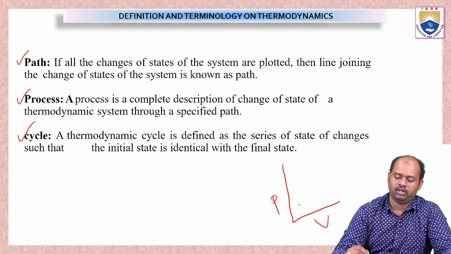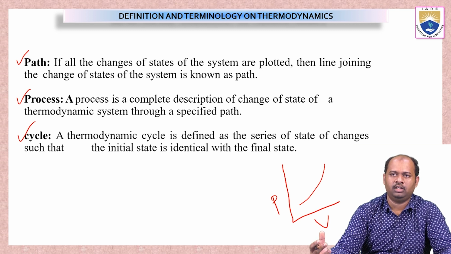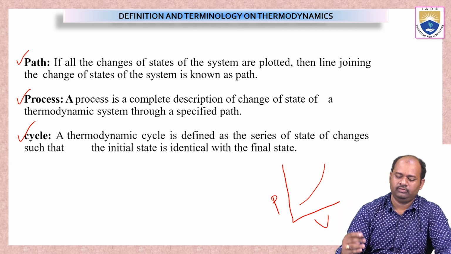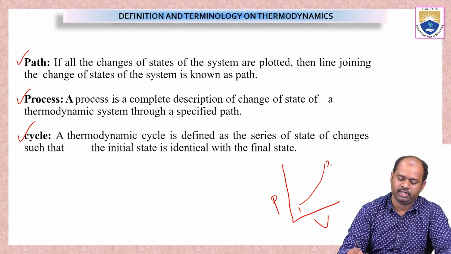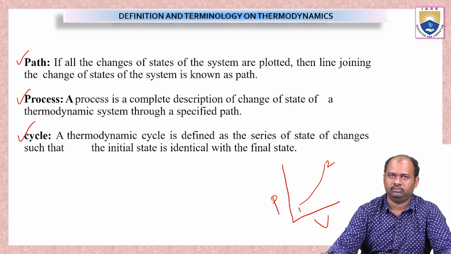So this can be shown like this. I will increase the pressure and volume so that the solid ice can be converted into water. So in the PV diagram, this line which is showing the change of state, changing from state 1 to state 2, this line or curve is called the path.